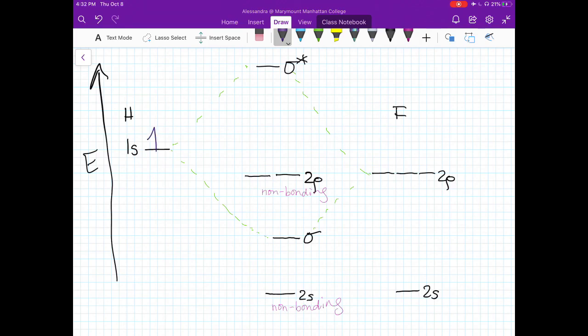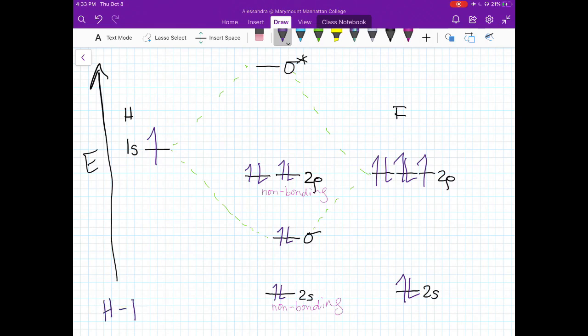So now, hydrogen has one valence electron, and fluorine has 1, 2, 3, 4, 5, 6, 7 valence electrons. So if I take those valence electrons, all 8 of them, and I put them in the MO diagram, it's going to look something like this. And this makes sense in the context of the molecule.